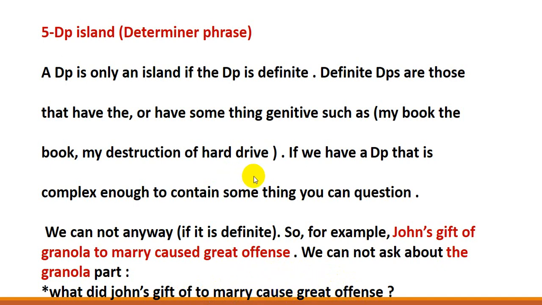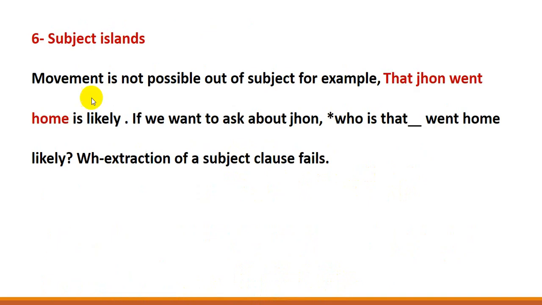The last type is subject islands. Movement is not possible out of a subject. For example, that John went home is likely. The subject is that John went home.